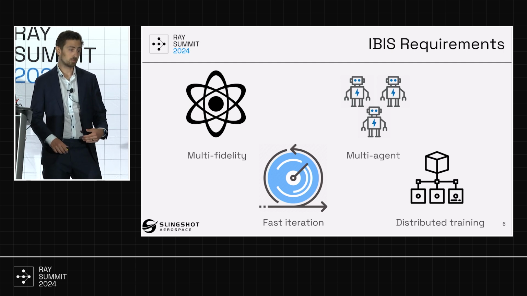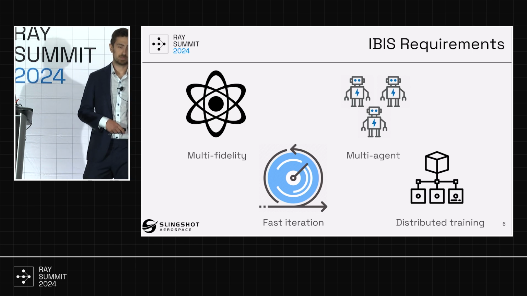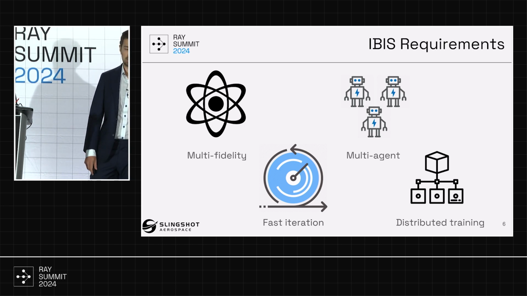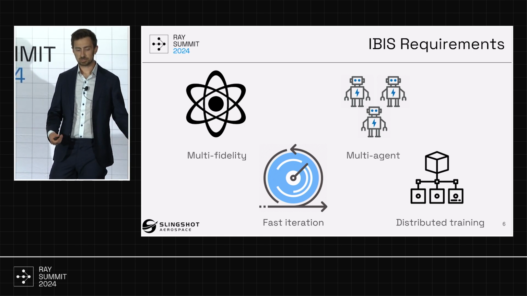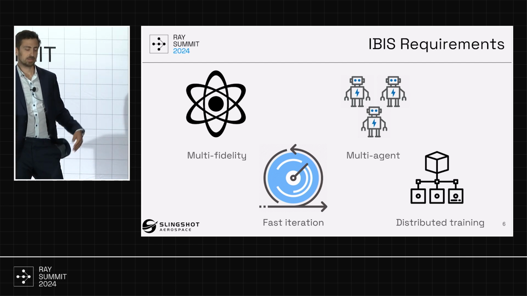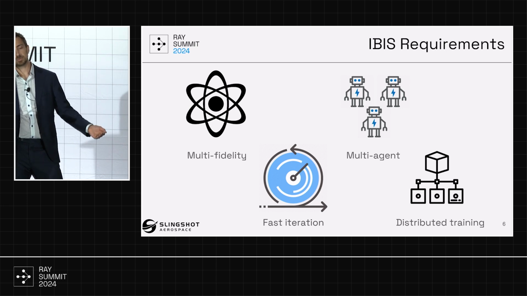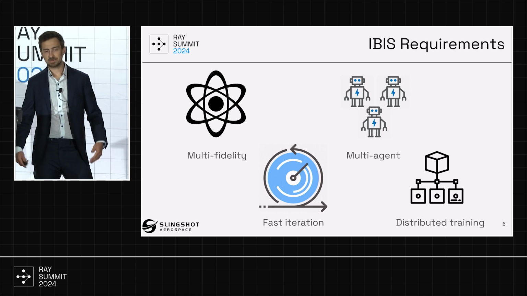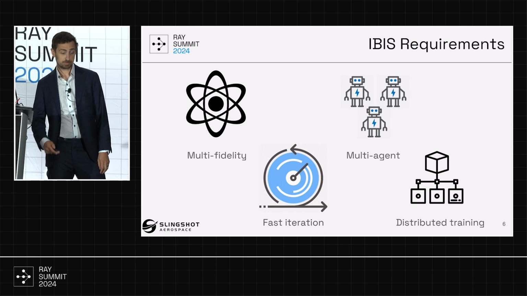For example, we don't want to have to rebuild something if we want to go into a different simulation environment. We want it to be highly modular so we can swap them out quickly. Then finally, like I mentioned before, the distributed training lets us do all of this in a time frame that allows for experimentation and improvement.